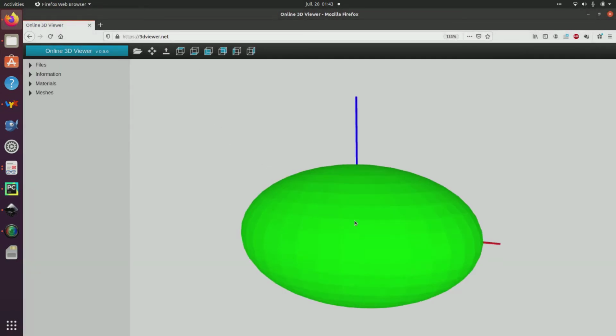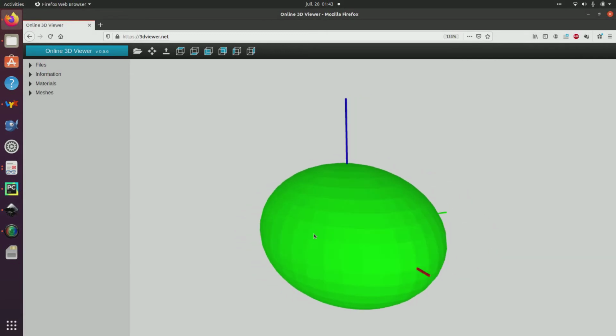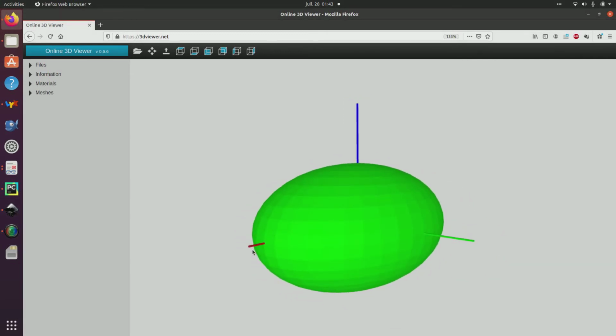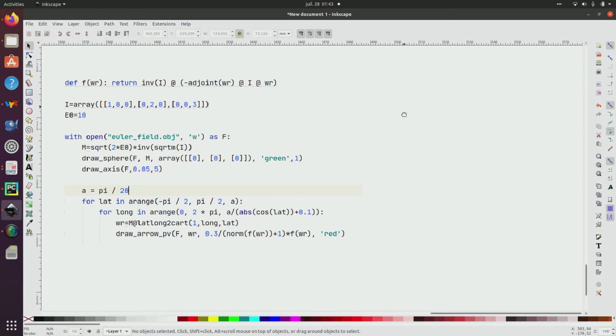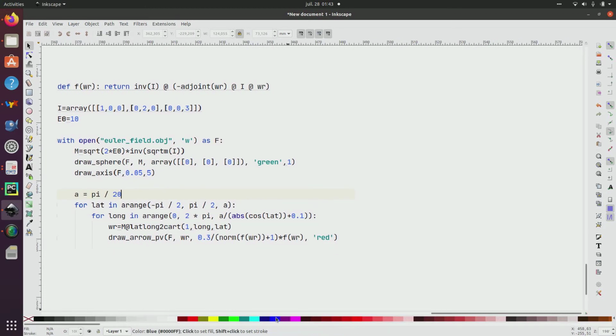I open it, and I have here my ellipsoid, with omega 1, omega 2, and omega 3. Now, on this ellipsoid, I want to draw the vector field. For this, I propose the following program. I start here.